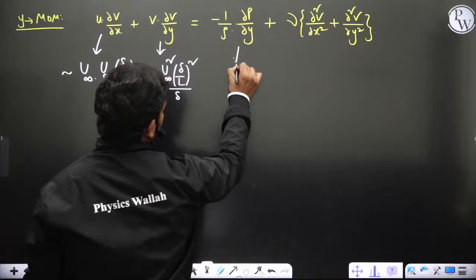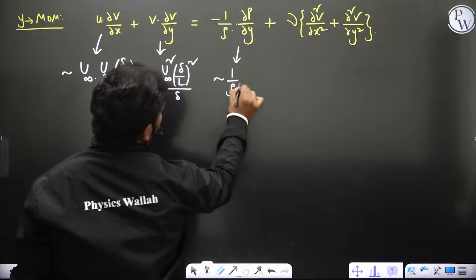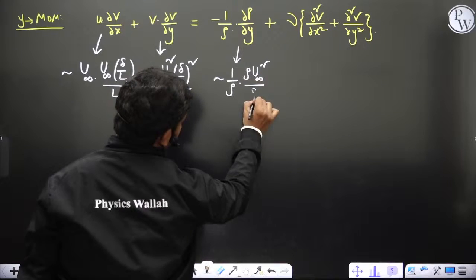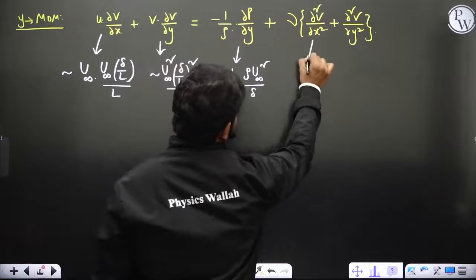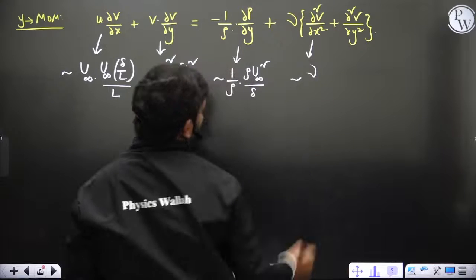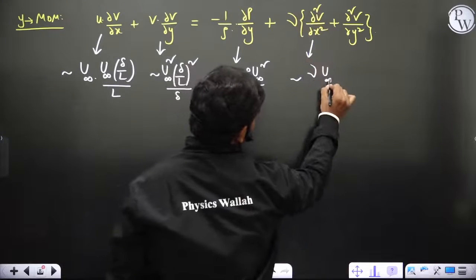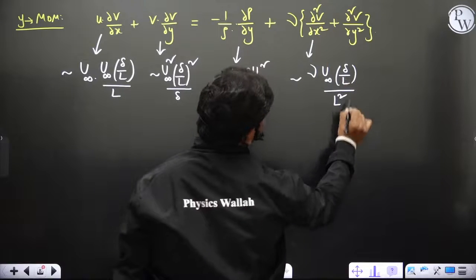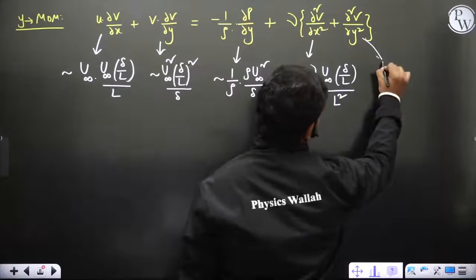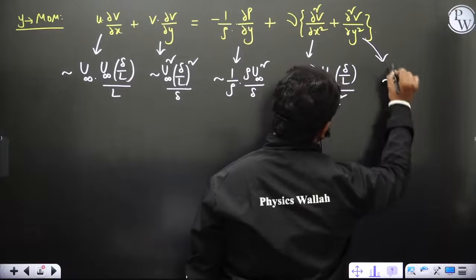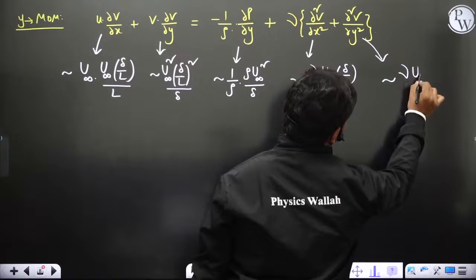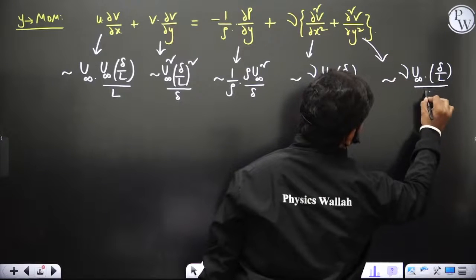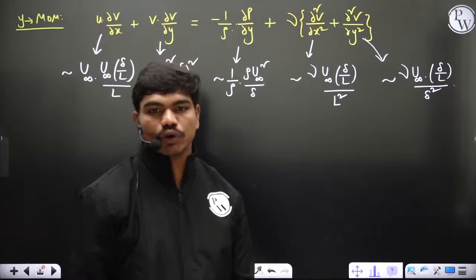In this term, 1 by rho into pressure you can scale to rho u infinity square, and y you can scale to delta. The first term can be scaled to nu, v can be scaled to u infinity delta by L. This x square can be written as L square. This term can be scaled to nu again, v is u infinity delta by L, divided by y square, and y square is actually delta square. So this is what we have here.